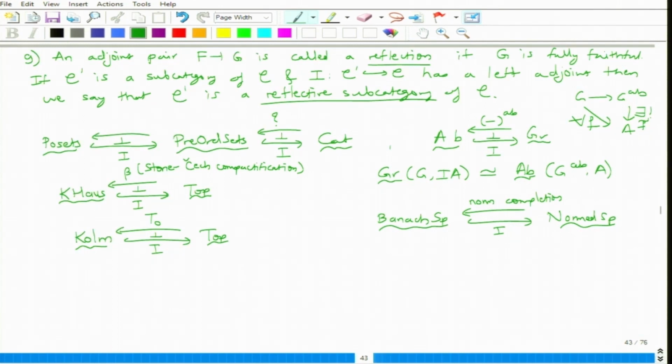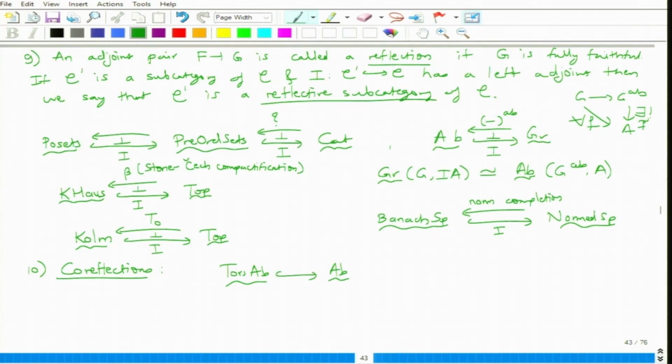But obviously when you define a concept in category theory, you don't stop there. You need to have a dual version that will be called a co-reflective subcategory. Co-reflections, I am not going to define them, you know what it is, but I will give you some examples. So torsion abelian groups embed inside abelian groups.